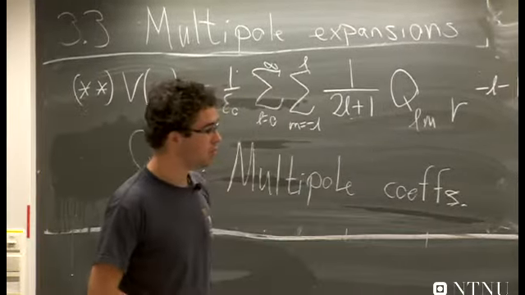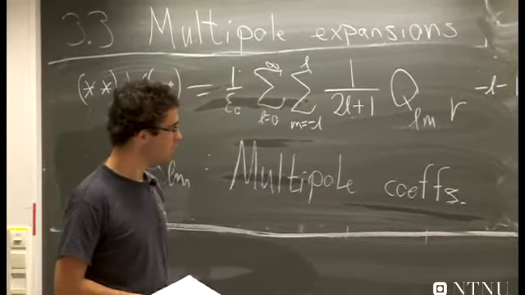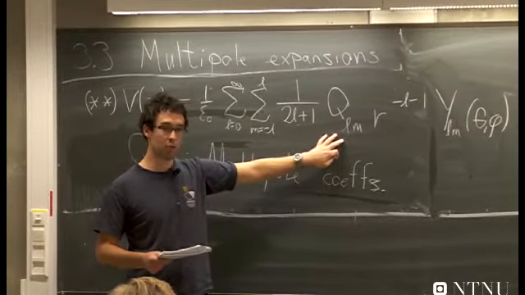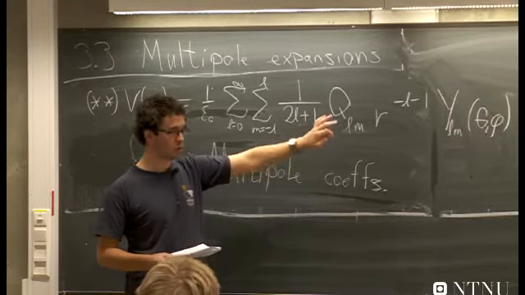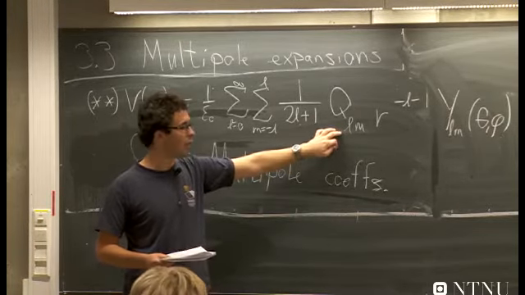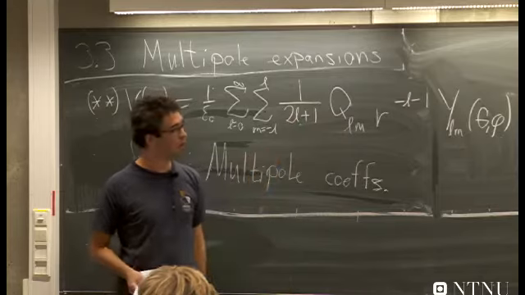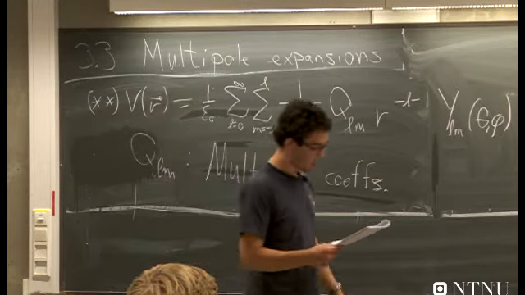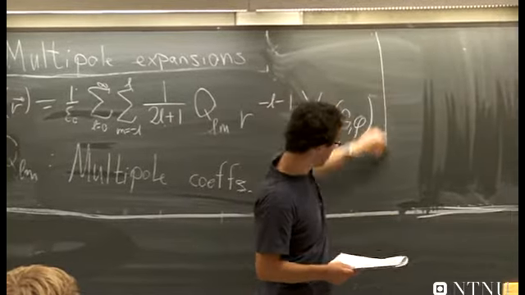They don't change if I move around. So this is more convenient because, of course, I have to find the QLMs by solving integrals, but once I solve those integrals, I can use the QLMs forever, every time I want to do the sum. So I'll write down the formula for the QLMs.